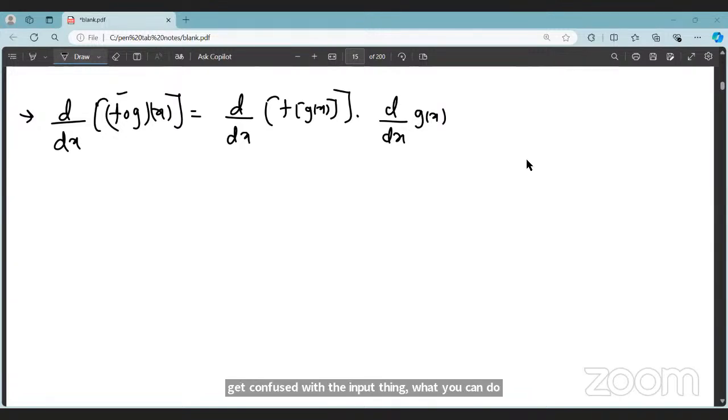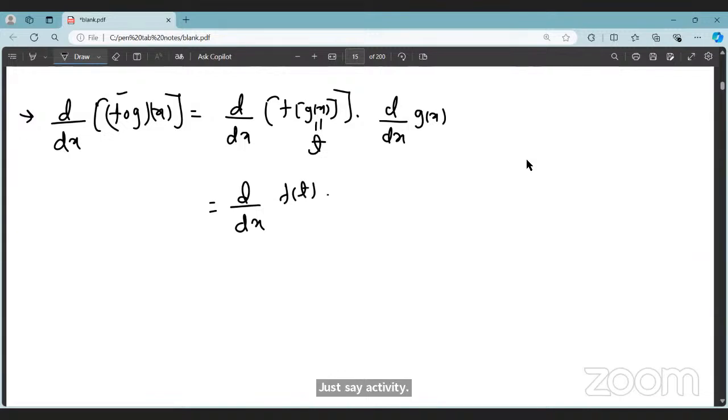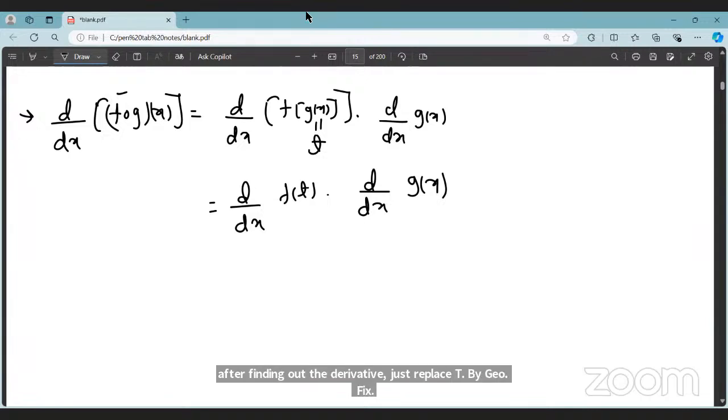First, just call the input t and find d by dx of f of t into d by dx of g of x. And after finding the derivative, just replace t by g of x. That will be easy.